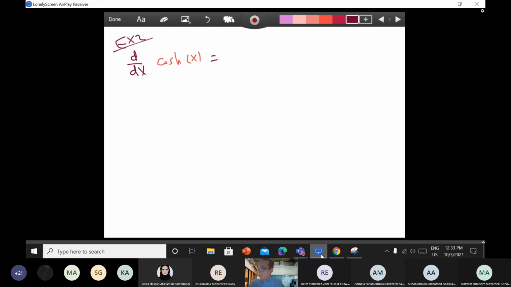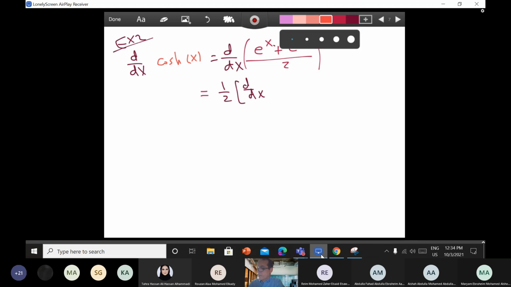Yes, I know this is d by dx, and my cosh is e to the x plus e to the minus x over 2. Again, if I am differentiating, I'll take this half outside, d by dx for the first one plus d by dx for the second one.